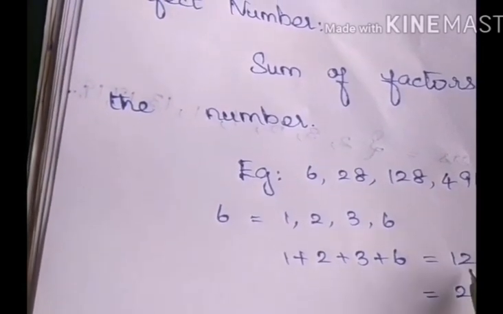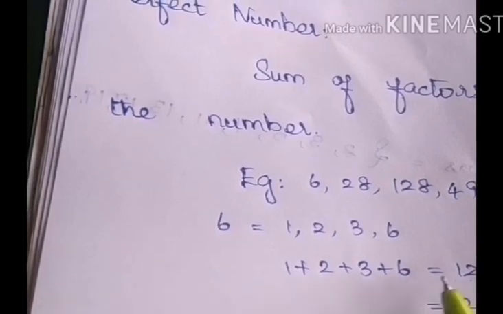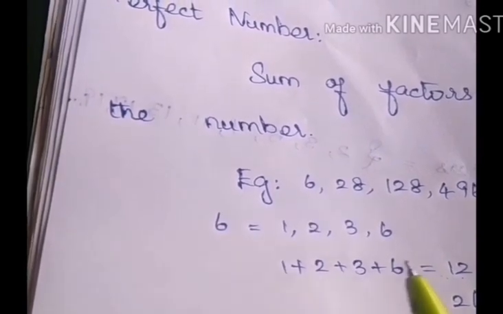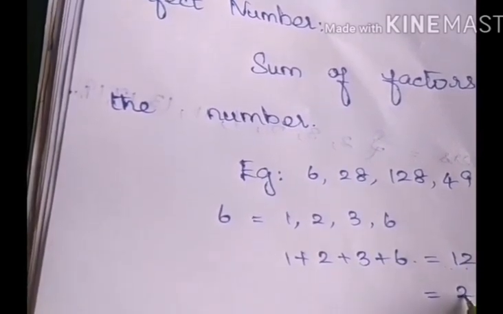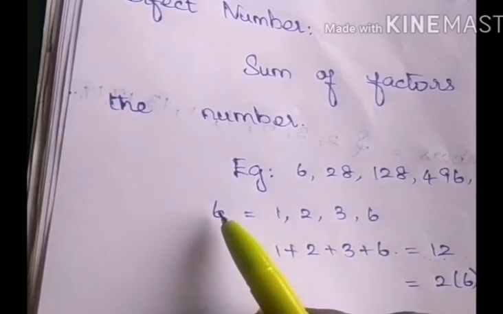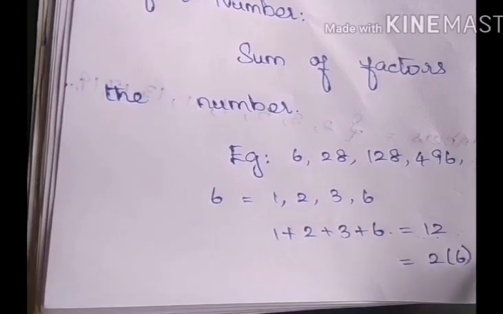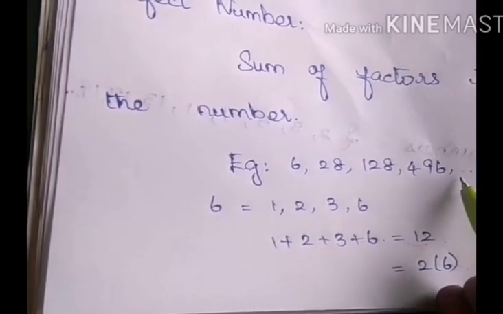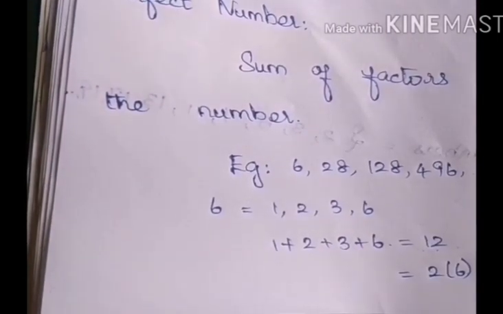That is, the result we obtained from adding all the factors of 6 is twice that of the number 6. Hence 6 is a perfect number. This is the same for all other perfect numbers. You can check it on your own.